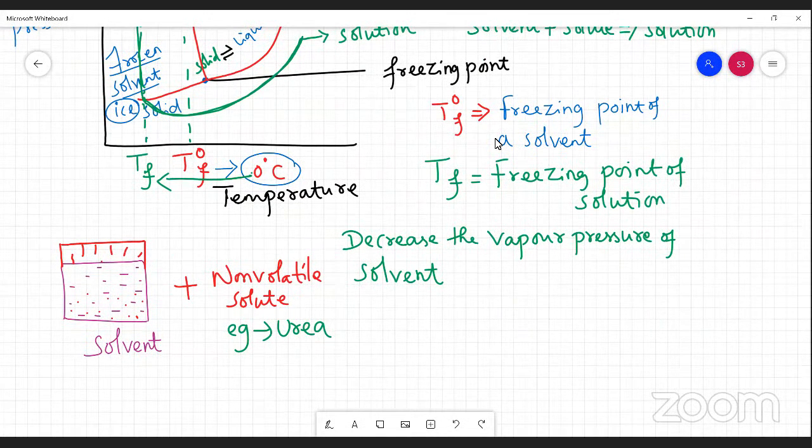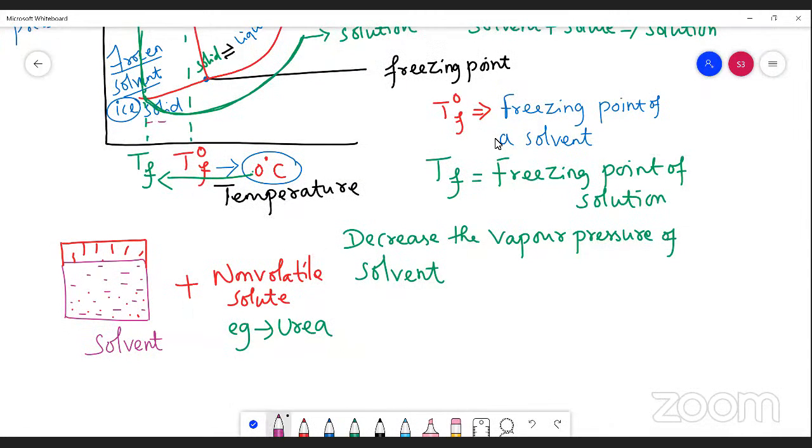Now, this temperature between those two points, we can name it del TF. Here T naught F is the freezing point of a solvent, 0 degree Celsius.